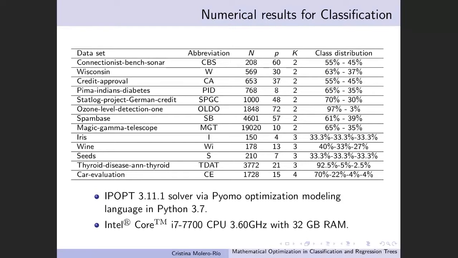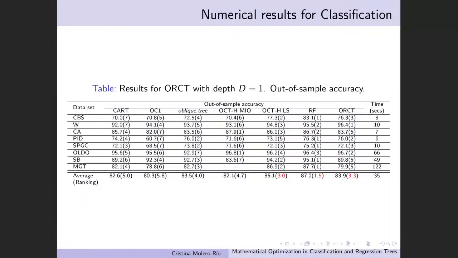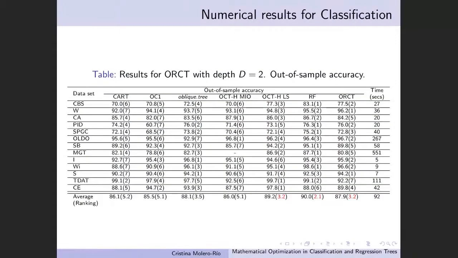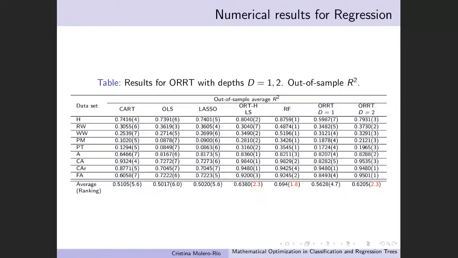What you can see is that we have done a numerical result for classification and for regression, and we have benchmarked our approach with many methods. And what we can see is here for regression also. Here I have highlighted the best methods.